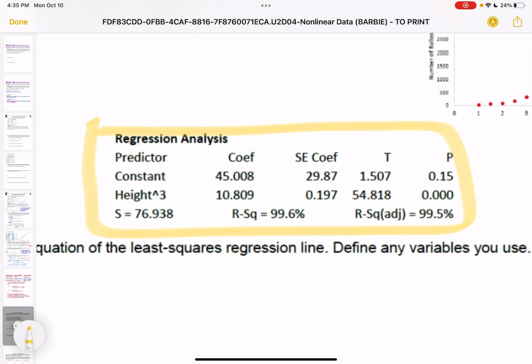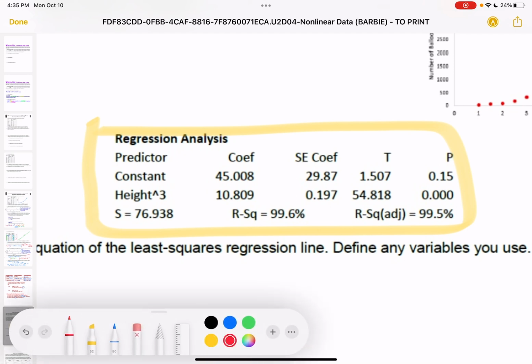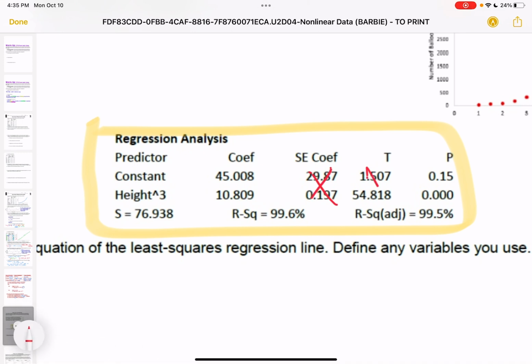And really I want you to begin by crossing off a number of values, because we are not going to use most of the data that is in this particular table. We're not going to use this information, we're not going to use this information, and we're not going to use this information either. So you can cross all of that off for now.